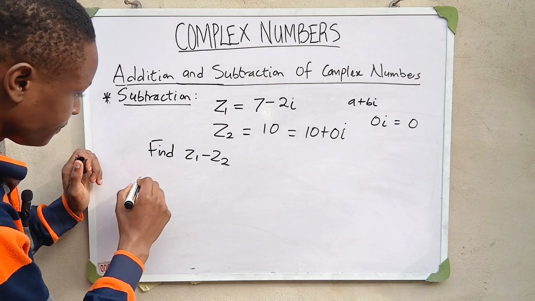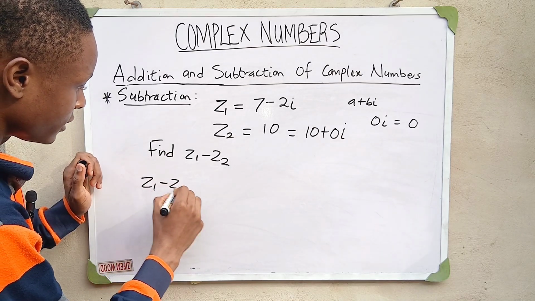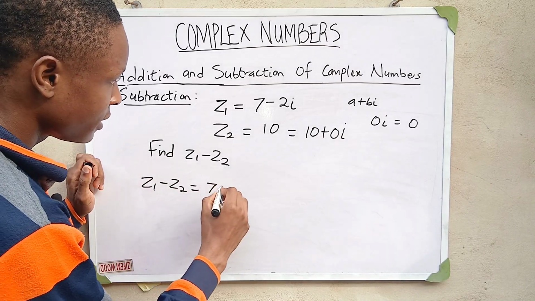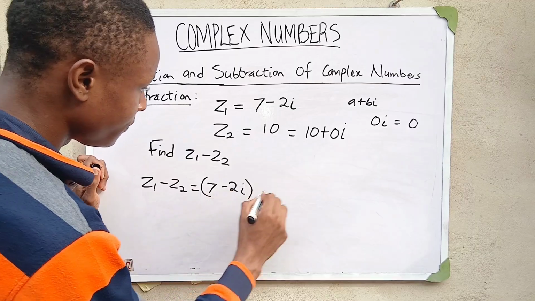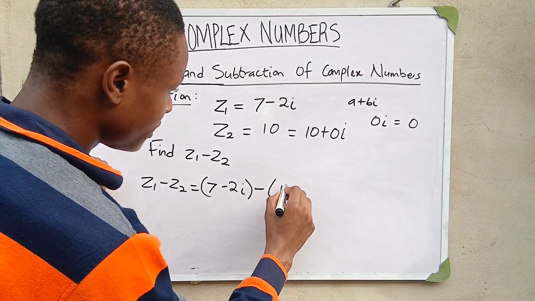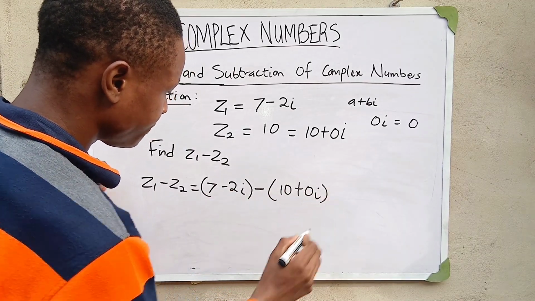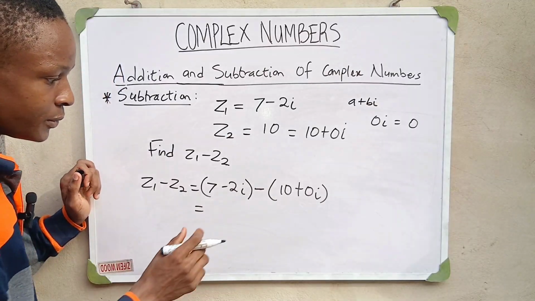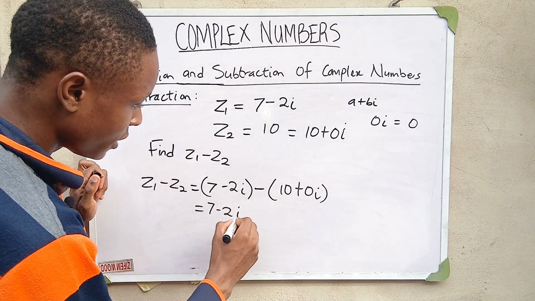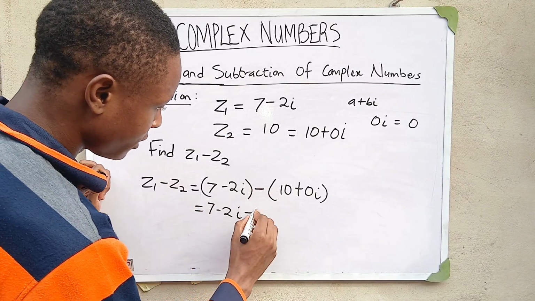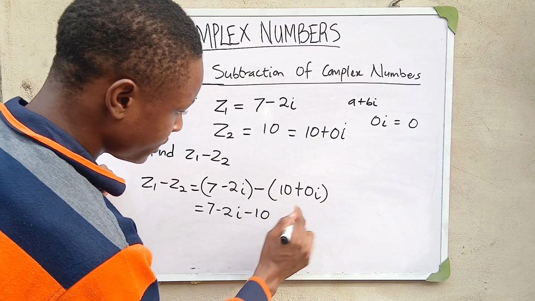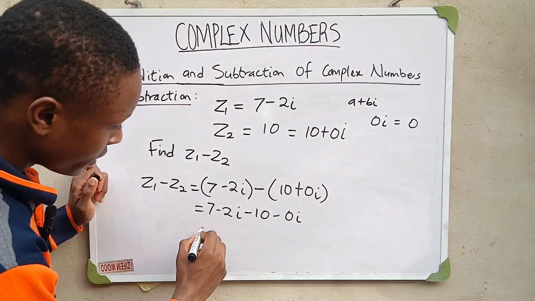So we have z1 minus z2 is equal to 7 minus 2i minus 10 plus 0i. So this is equal to 7 minus 2i, minus times this is minus 10, minus times this is minus 0i.